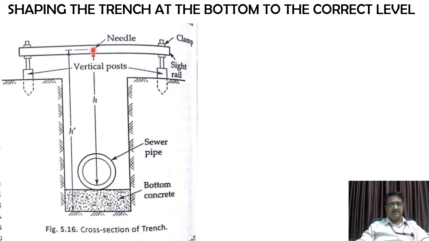With respect to the level which is marked, we can check whether the depth of excavation for the bottom of the sewer or invert of the sewer is correct, and whether the bottom of the bed concrete is correct. This is how we can make sure that the trenching is at the correct level. Also, during laying, how much depth of bed concrete is needed at what point, along with the placement of sewers, can be checked for correctness through these methods.